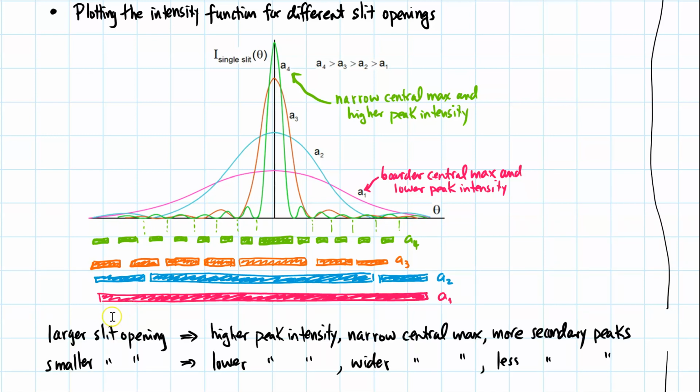From this image, we could summarize that a larger slit opening gives a higher peak intensity, a narrow central max, and more secondary peaks. If I have a smaller slit opening, I have a lower peak intensity, a wider central max, and there are going to be fewer secondary peaks.